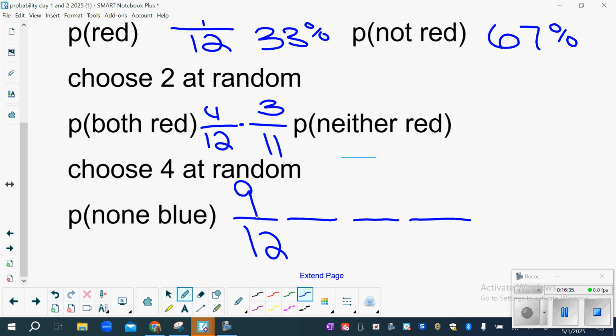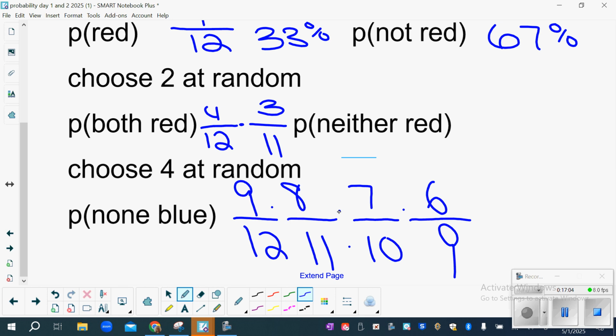Yay. I picked it. I got a yellow one. So now I'm down to 11, but I only have 8 good ones left to pick. And then I'm down to 10 and 7 and 9 and 6. Is everybody cool on how dependent works, right? Dependent, everything changes. Independent, they stay the same. That's it. I am done.